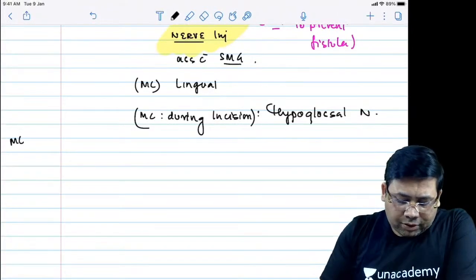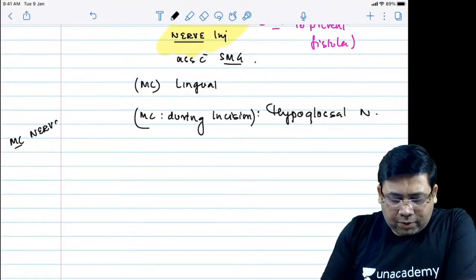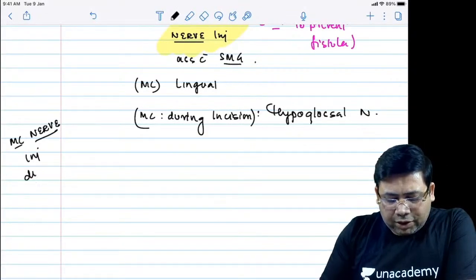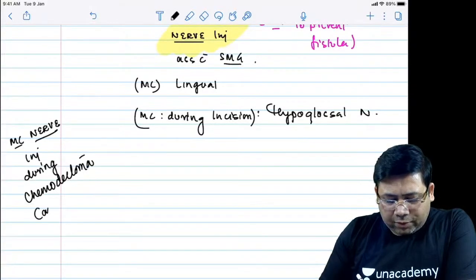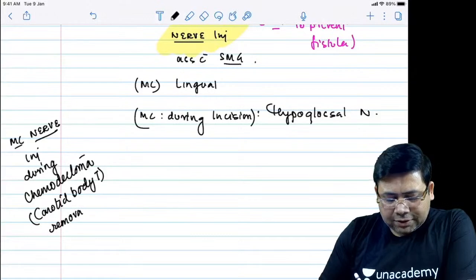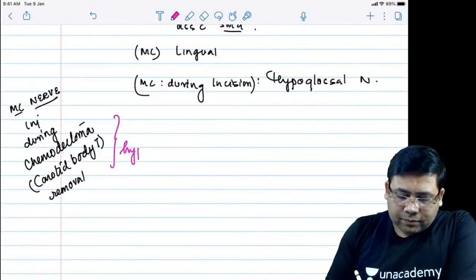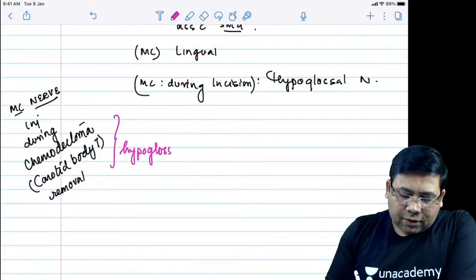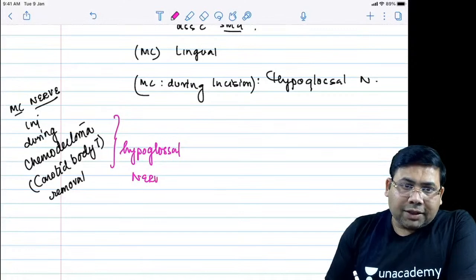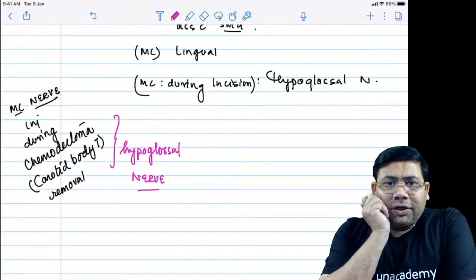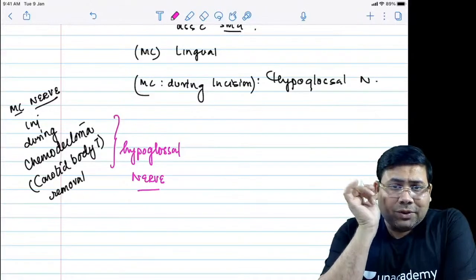So the most common nerve injury during chemodectoma removal, or you can say carotid body tumor removal, the answer is the same. The answer is hypoglossal nerve. Are you getting this? We might also have injury to the other structures, but hypoglossal is the most common.